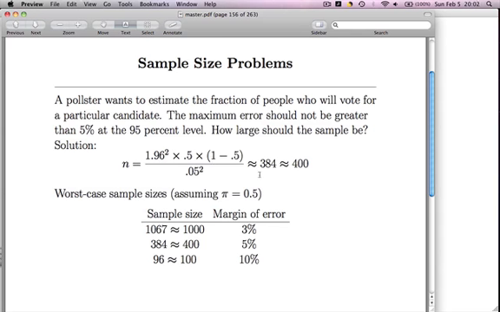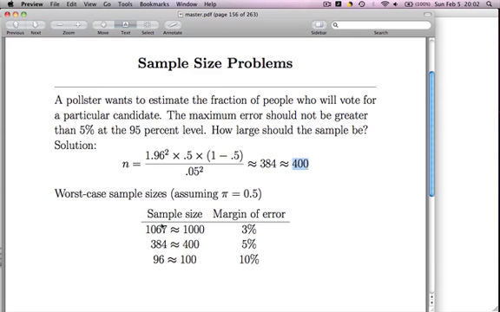And what you find is that you need a sample of about 384. Now that 384 is roughly 400. So I would remember the number 400. If you have a sample of 400 and you're estimating a proportion, then the worst case margin of error is 5%. That's just a good number to remember.